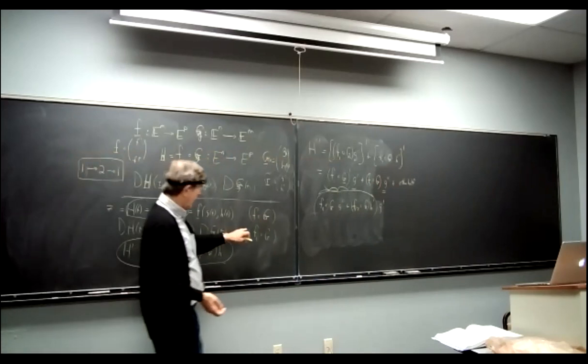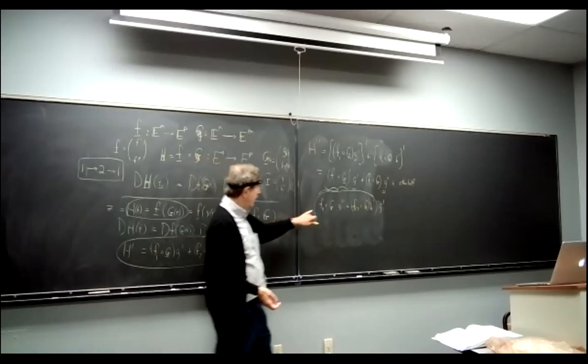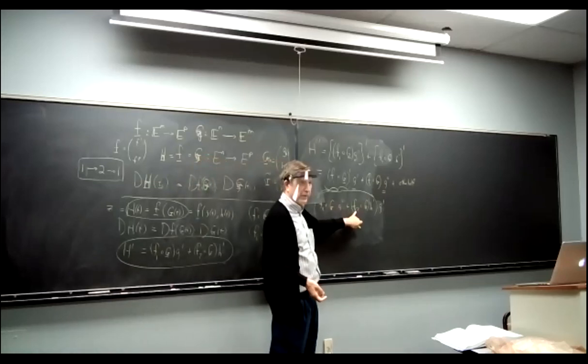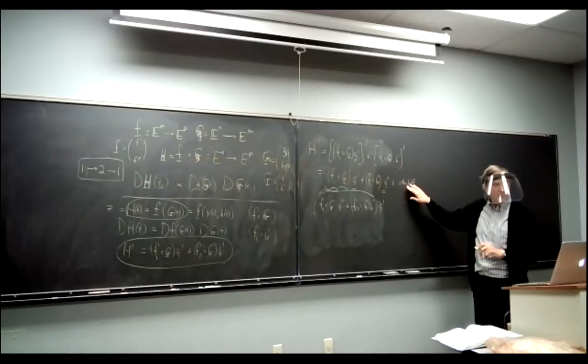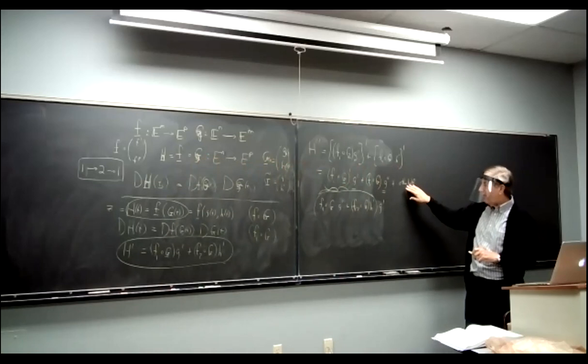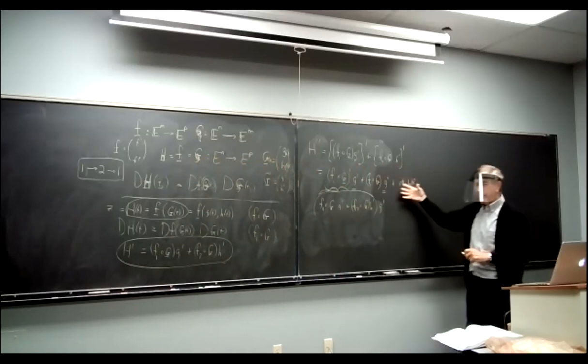So how do I do the derivative of F1 circle G? I just put F1 wherever I had F in the other formula. Now I got to do it twice. I got to do it with the other half over here again. So in the end, what happens? You have 1, 2, 3. You end up with 6 things.